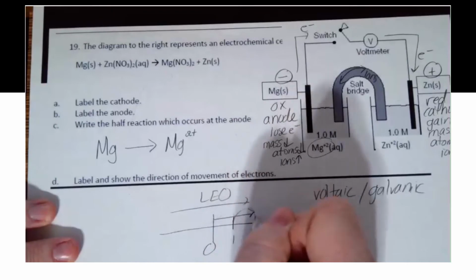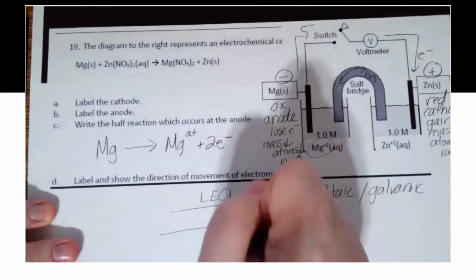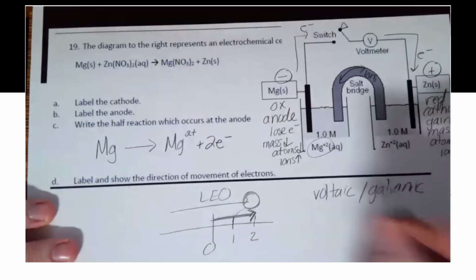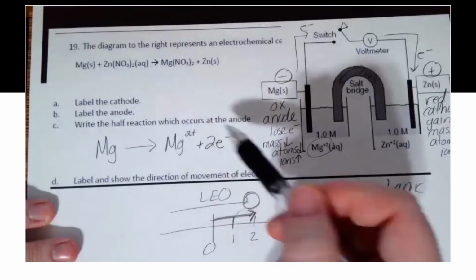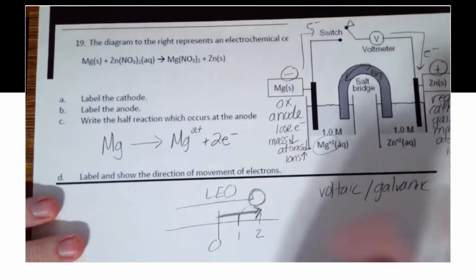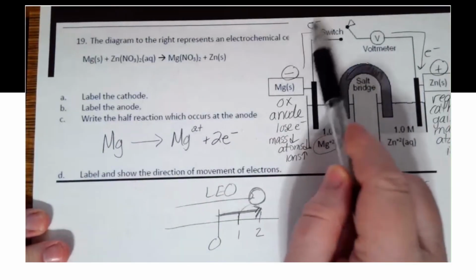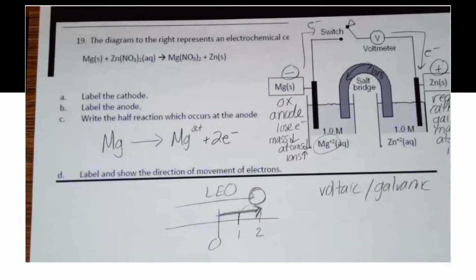How many jumps? 2. So the electrons go on this side, right, when Leo points this way, or when we move on the number line, it points that way. So atoms balance, yes. Charges balance, plus 2 and negative 2 is 0. Perfect. Label and show the direction of the movement of electrons. I did direction, and it's labeled with electron. So there you go. That's that one.